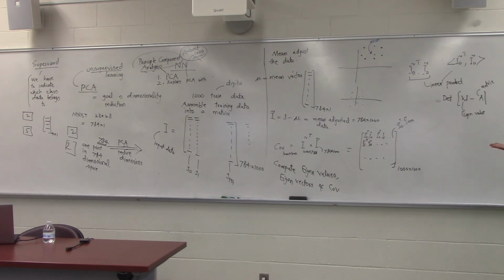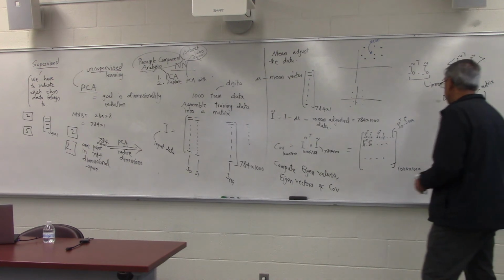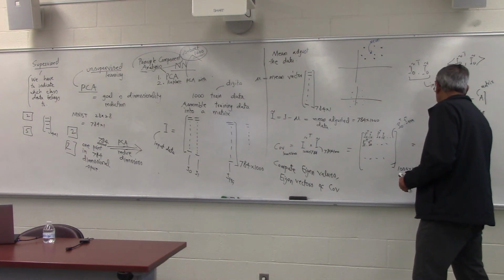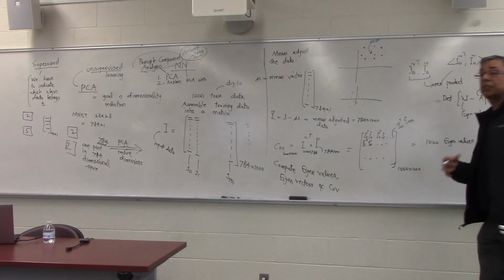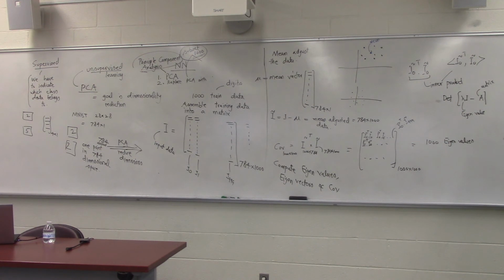For right now, what's important to know is if you have a 1,000 by 1,000 matrix, it will produce 1,000 eigenvalues. If you have a 200 by 200 matrix, how many eigenvalues will it produce? 200, right?